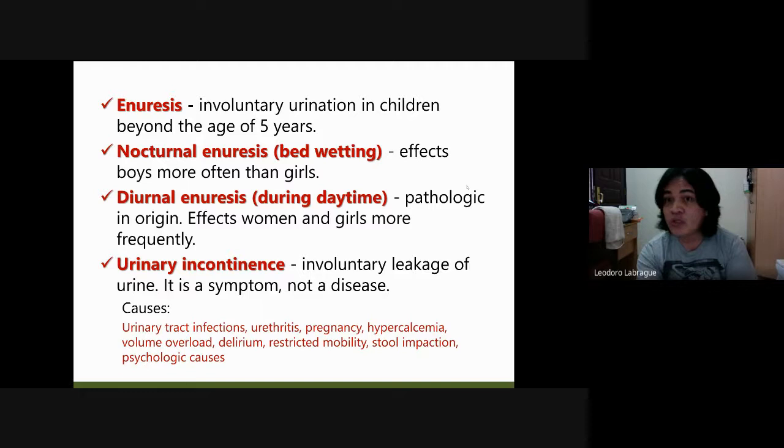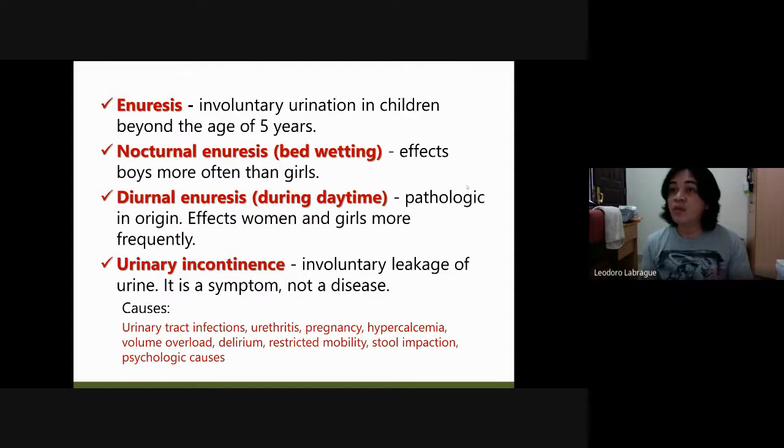Can you control your urination? Yes, we can. However, there are some patients who don't have control of their urination at all, causing leakage of the urine. They don't feel urination, but it keeps on wetting their pants or their diapers, and they are already adults.